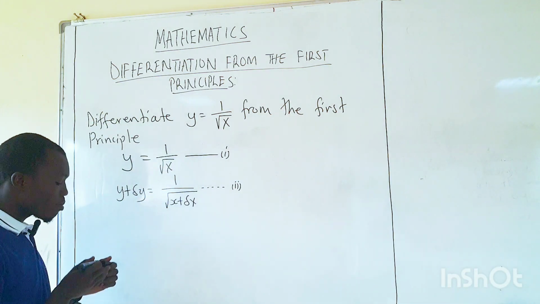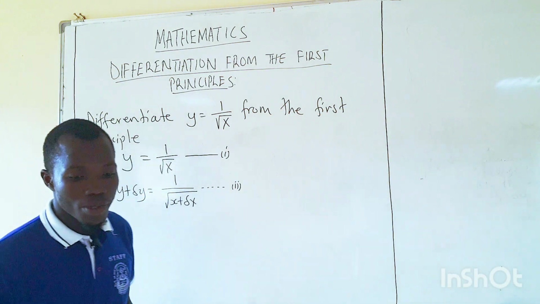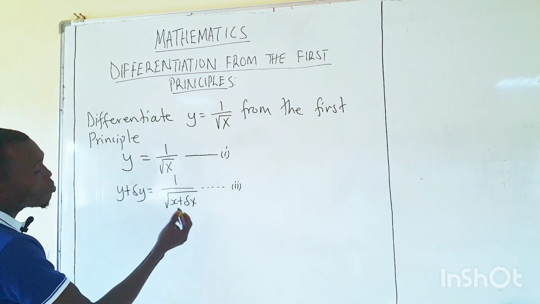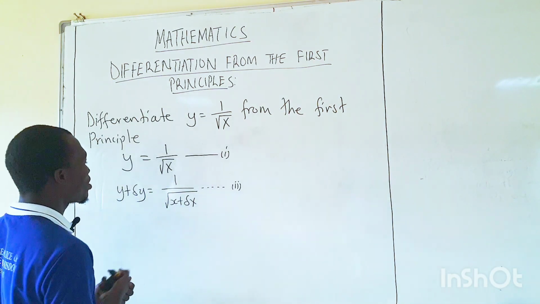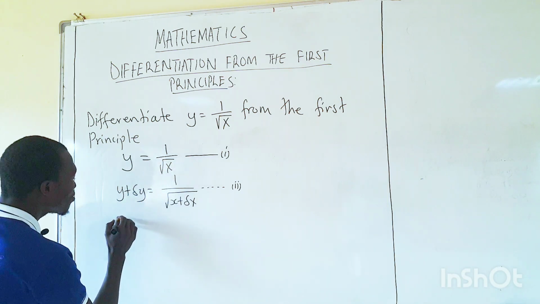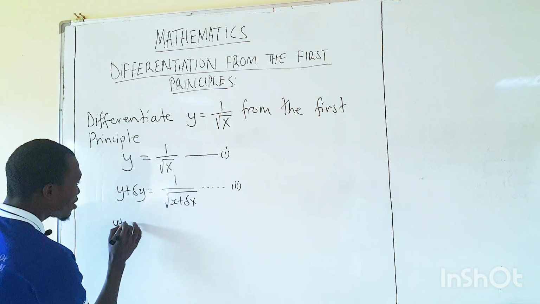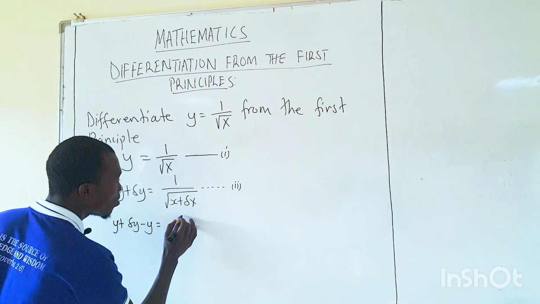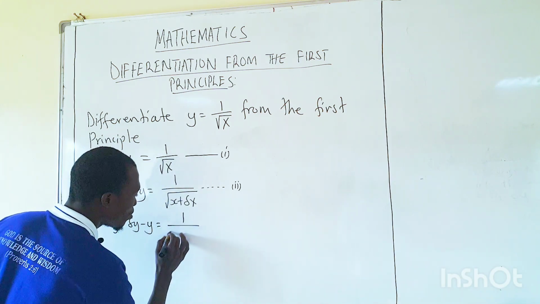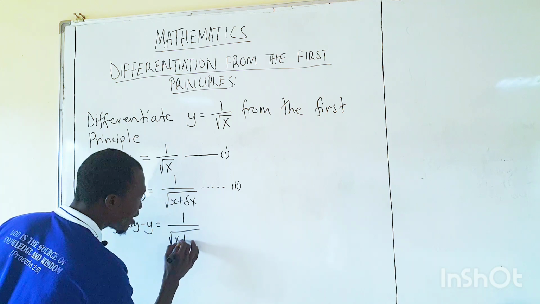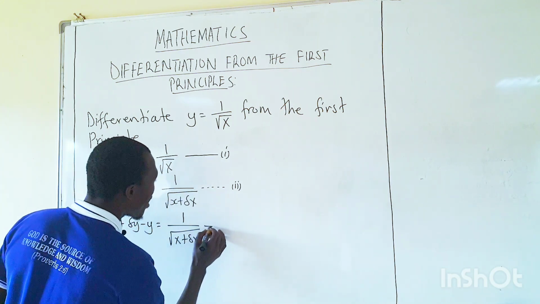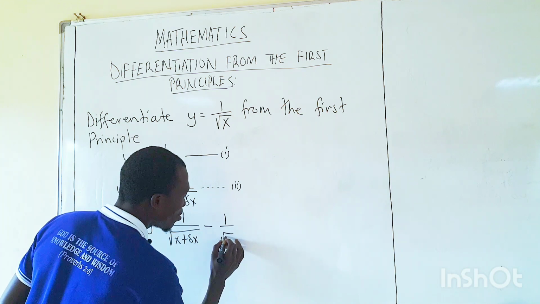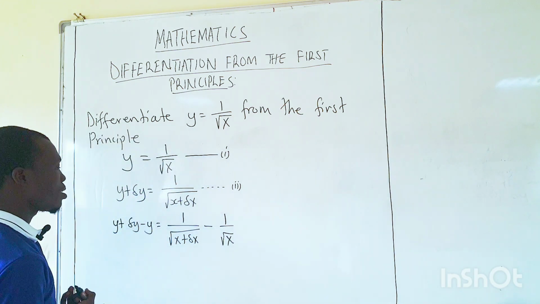Then our next step would be subtracting equation 1 from equation 2, and we have y plus delta y minus y is equals to 1 over root 2x plus delta x minus 1 over root 2x.